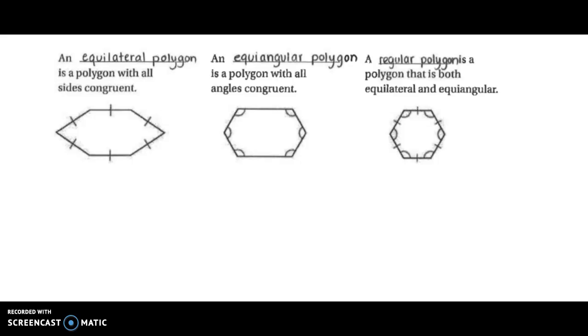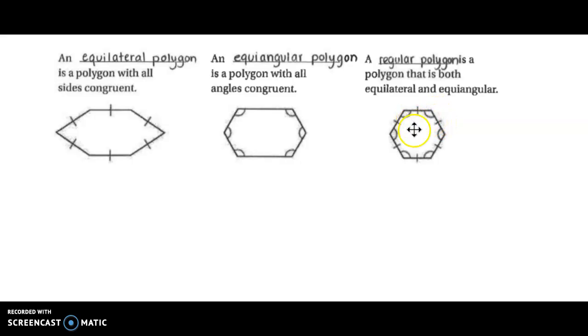A couple vocab words here. Equilateral, we know that all sides are congruent. Equiangular means all of the angles are congruent. And putting that together is what we call a regular polygon. This is a new vocab word that you're going to have to know. Whenever you see the word regular polygon, it means that all the sides are congruent and also all of the angles are congruent.